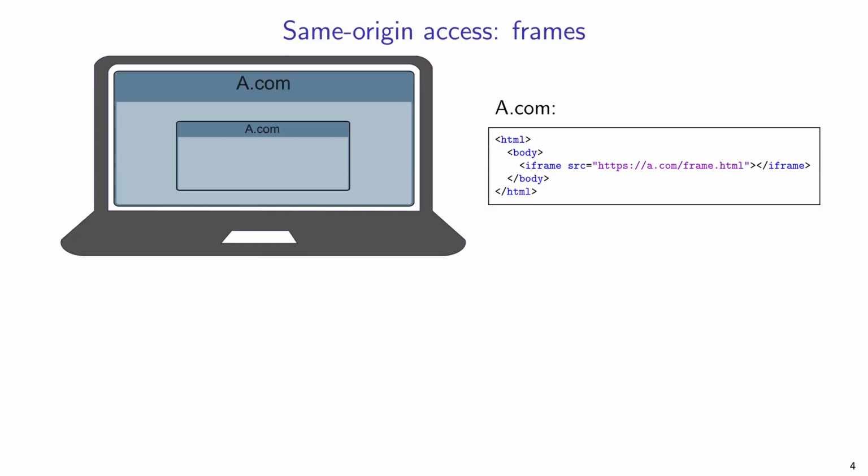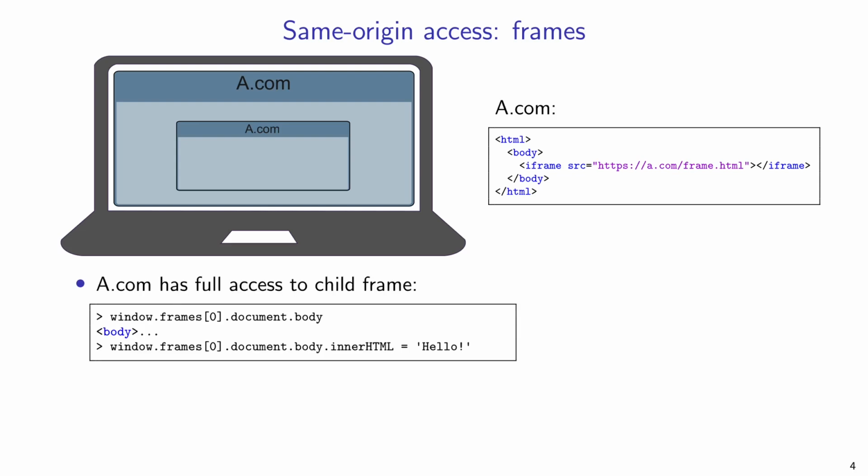Same origin access using frames works such that a website a.com embeds into itself an iframe loading this resource from the same a.com origin. Since this iframe is of the same origin, a.com has full access to the child frame, so it can access the document object model of the included web page and also modify it as needed.